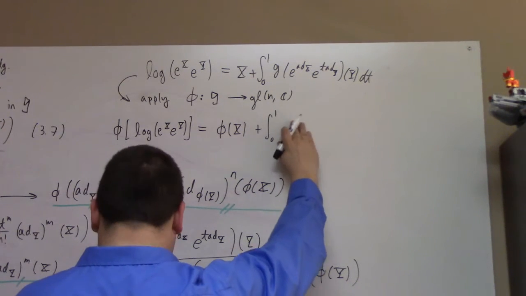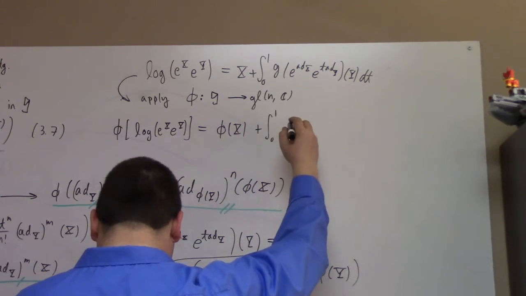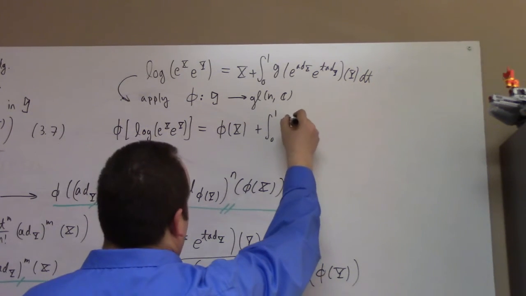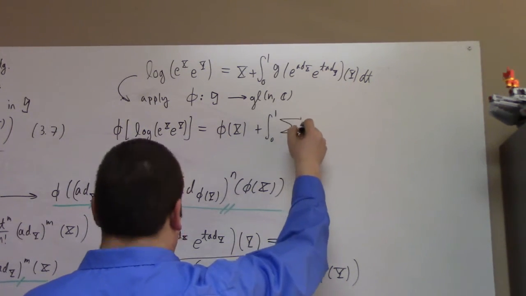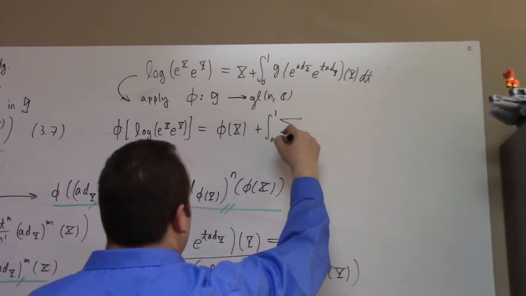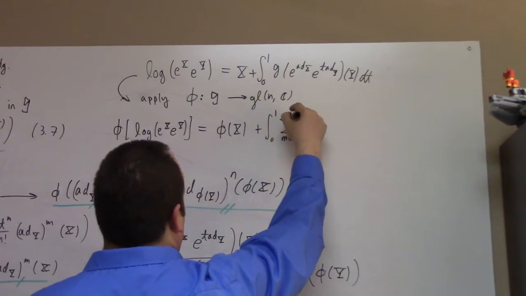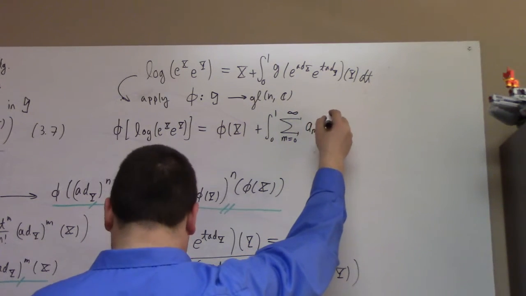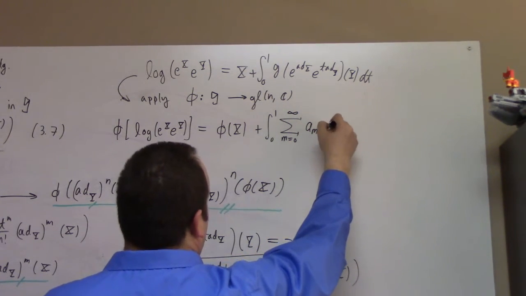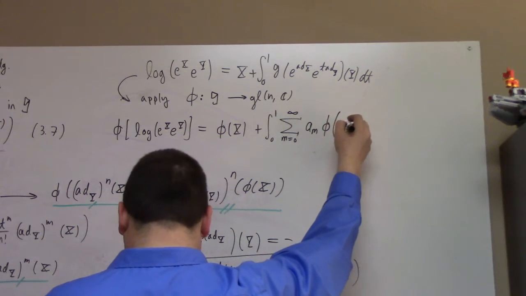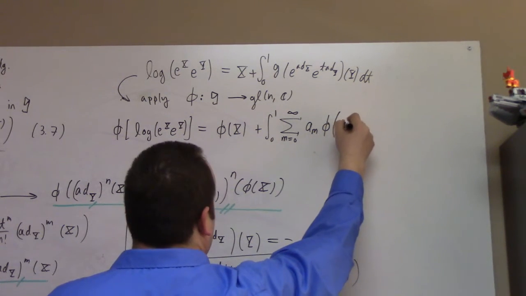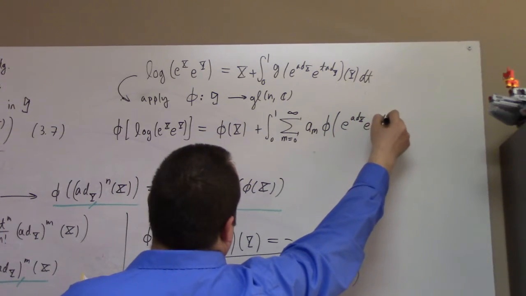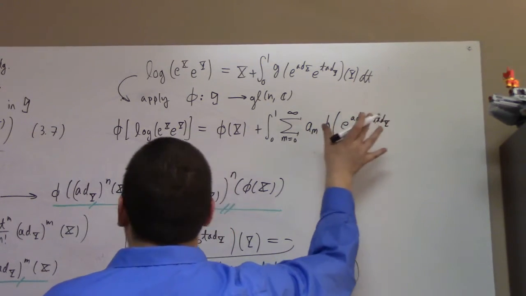Great. Integral from 0 to 1, and you've actually got the power series for the g, which is the sum m equals 0 to infinity of a sub m, phi of e to the adjoint x, e to the t adjoint y. That's the argument of g, remember?